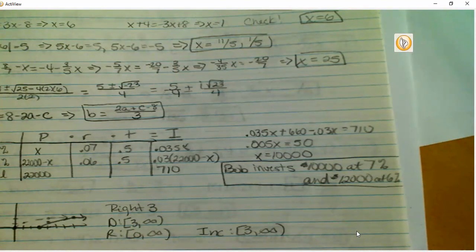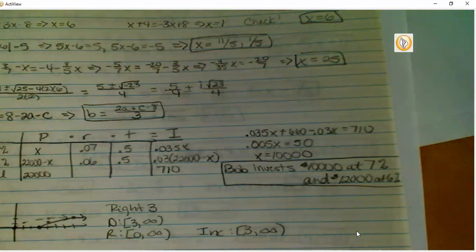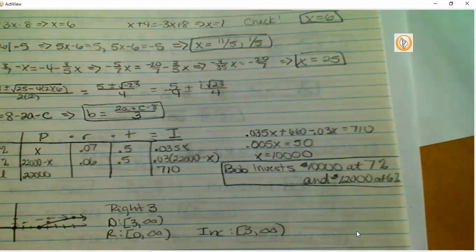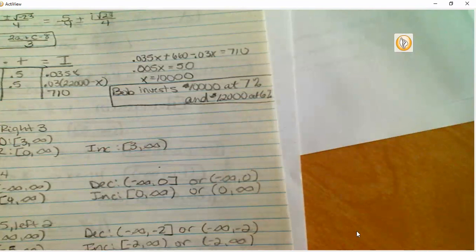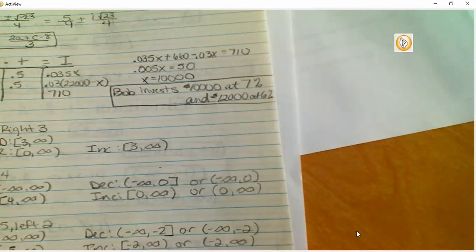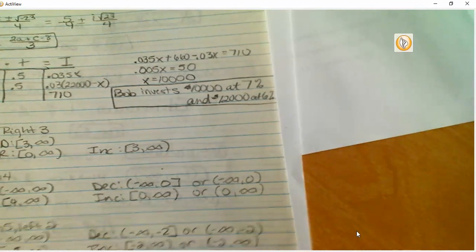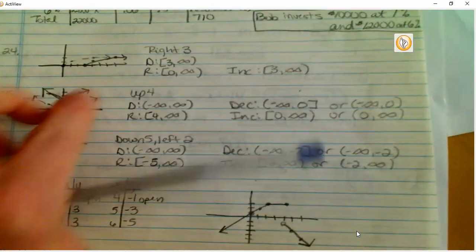You might have had negative 2a over negative 3 plus negative c over negative 3 plus 8 over negative 3 if you didn't change your signs. So several different options there. Number 23, Bob has $10,000 at 7% and $12,000 at 6%. 24, your graph should look like this.